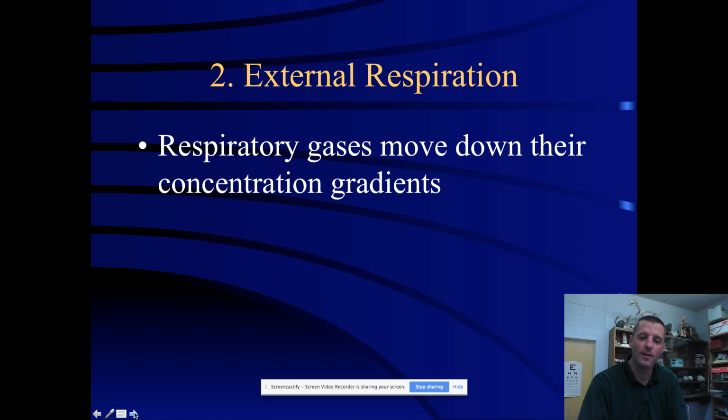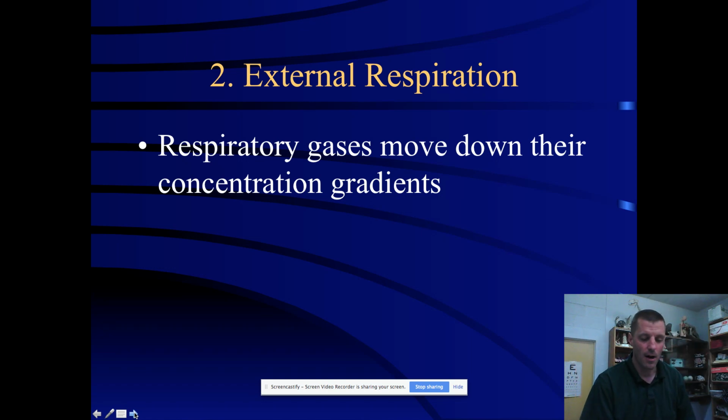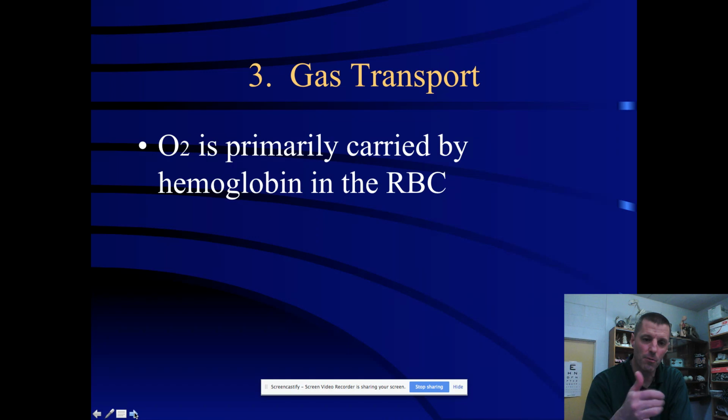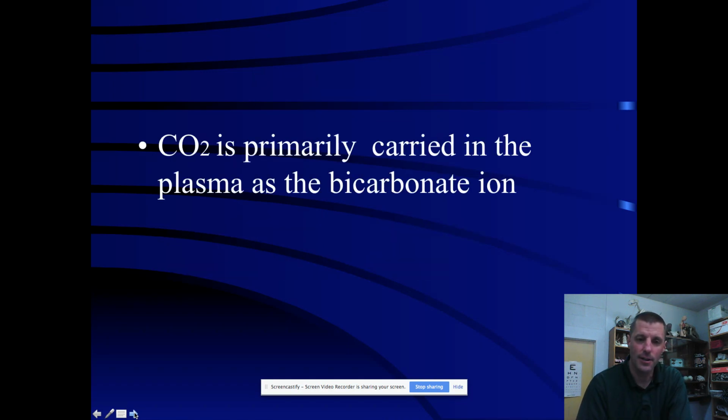External respiration is what we talked about yesterday with regards to exchange. It's this exchange across that fused respiratory membrane that's made up of the alveolar membrane and the capillary membrane. Gas transport is just the movement of oxygen and carbon dioxide in the blood.